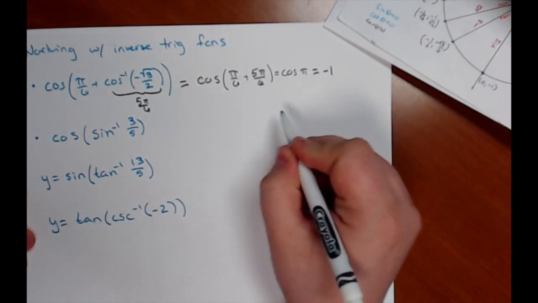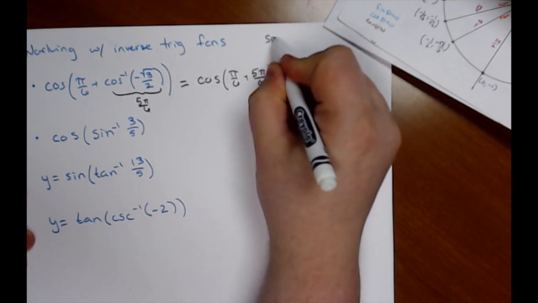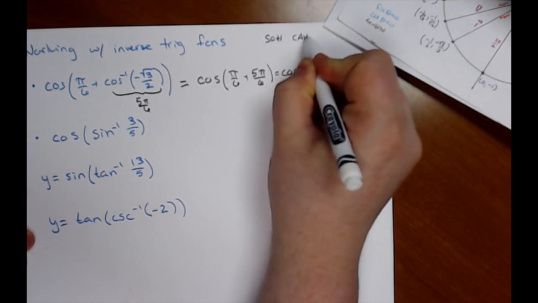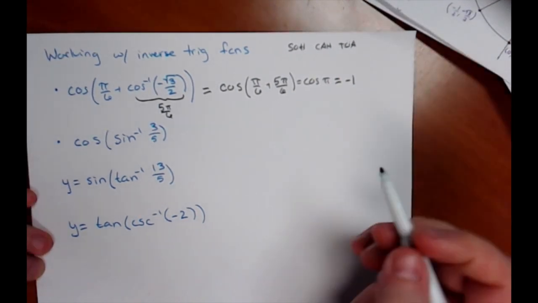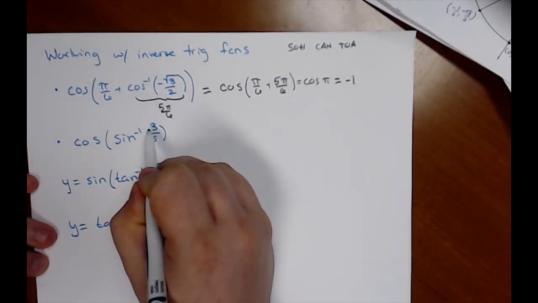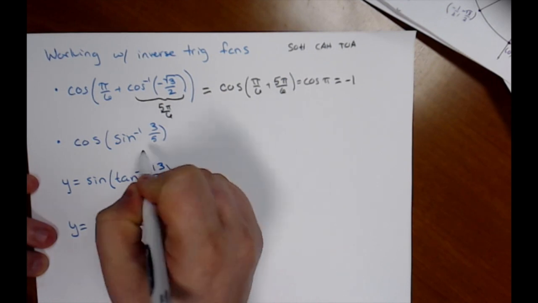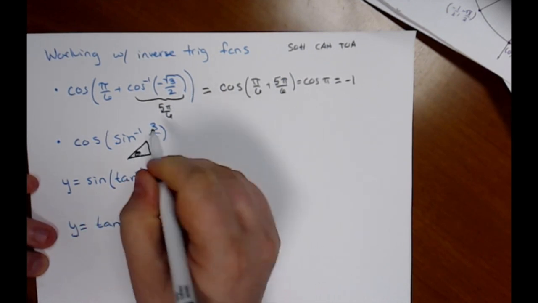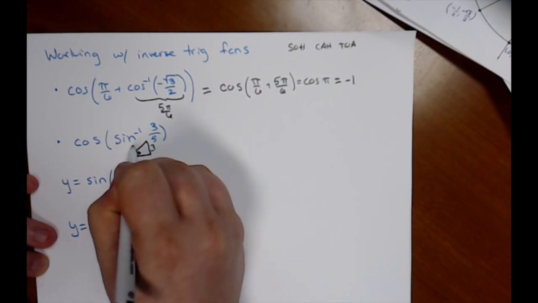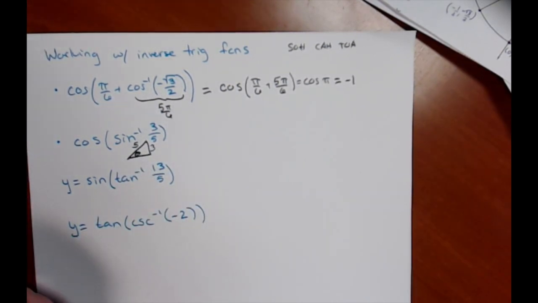So SOHCAHTOA. So we'll write that somewhere. SOHCAHTOA. Opposite over hypotenuse. So I have a triangle that looks like this. I have some theta. My opposite side is 3, and my hypotenuse is 5.